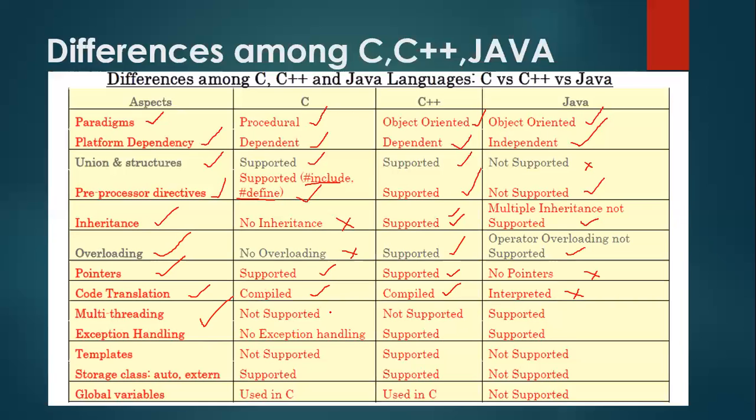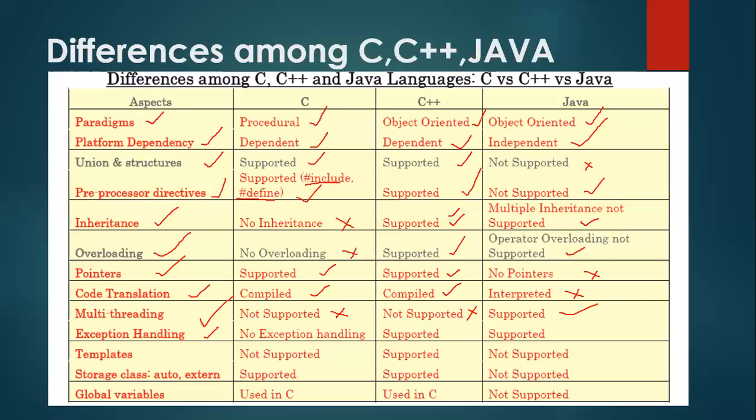In C++, this concept is not supported. In C also it is not supported, but in Java it is supported. And exception handling is another important concept. It uses error tracing and handling process.